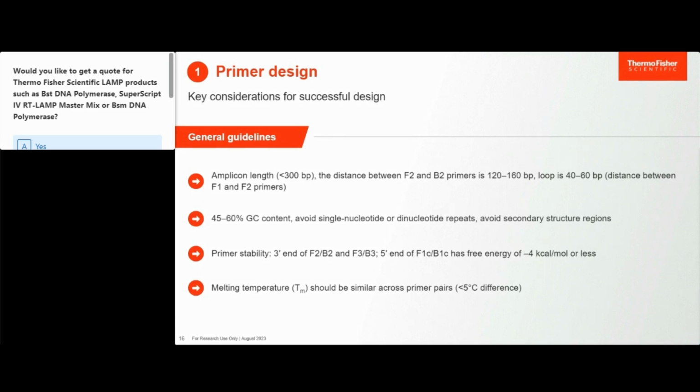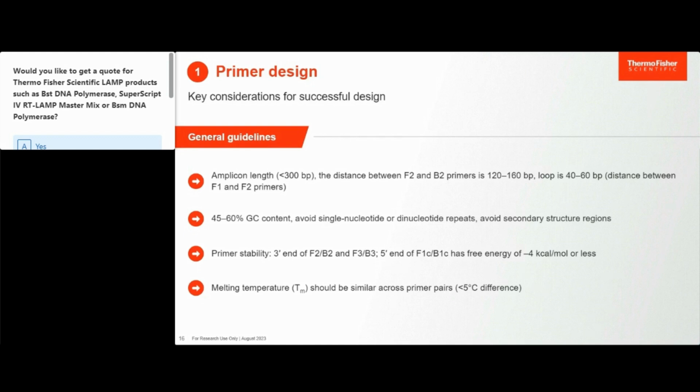The next aspect that should be considered is primer stability to ensure good amplification. The 3' ends of F2, B2 and F3, B3 and the 5' ends of F1c, B1c should be designed in such a manner that the free energy is -4 kilocalories per mole or less.